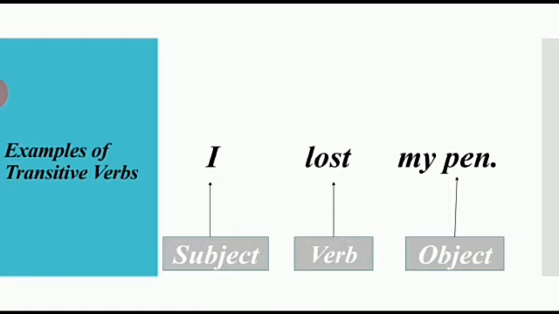If I say simply here, I lost, it doesn't complete the sense or the sentence even. So to complete the sentence and the meaning of it, these verbs require an object. I lost my pen. I hope you understood what is a transitive verb.